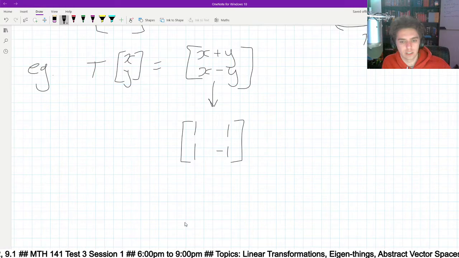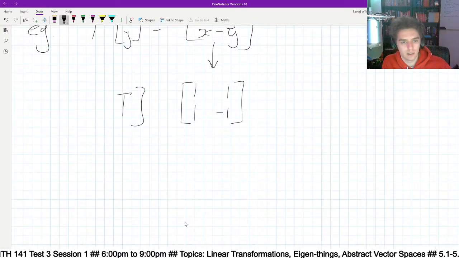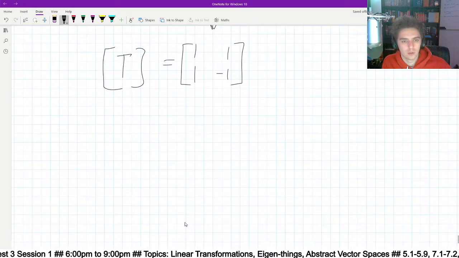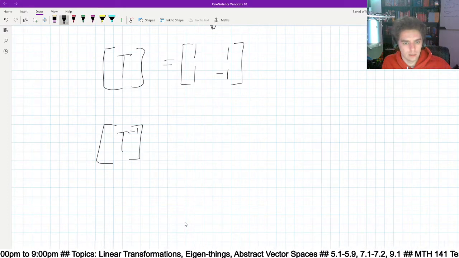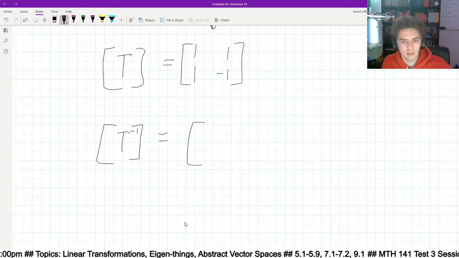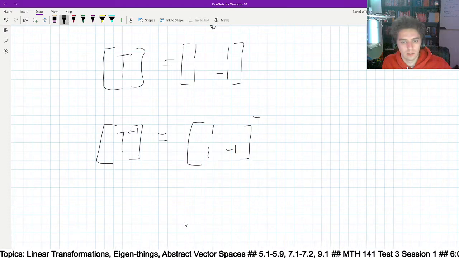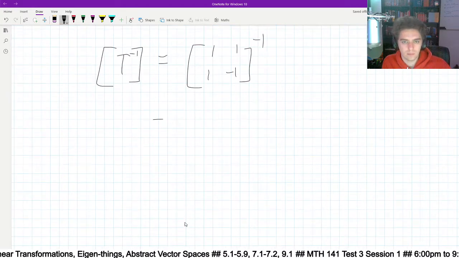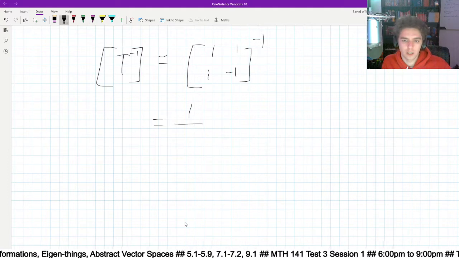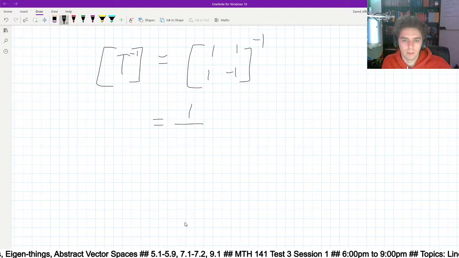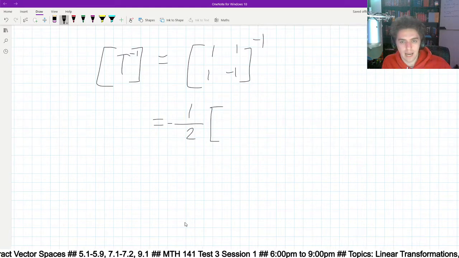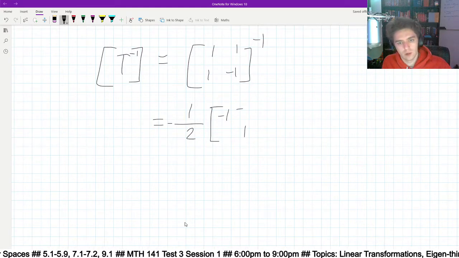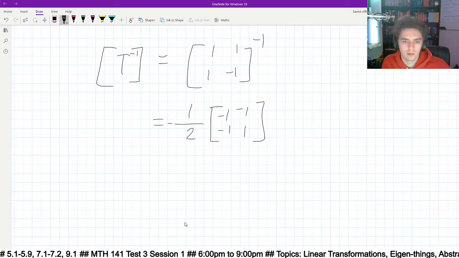That's the matrix representation of T. So the matrix representation of T inverse is 1, 1, 1, negative 1, inverse. That's 1 over the determinant, negative 1 minus 1, so negative a half, times the adjugate: negative 1, 1, negative 1, negative 1.